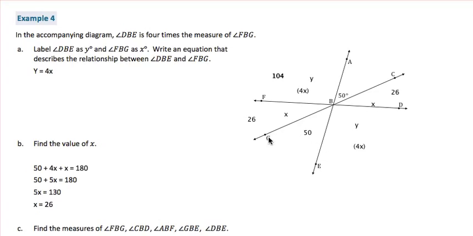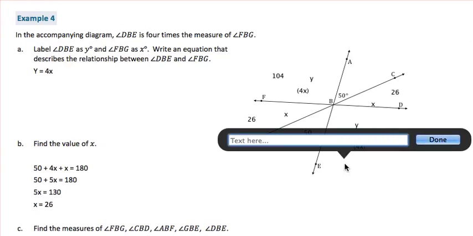GBE, which we already knew was 50. DBE, which again was 104.